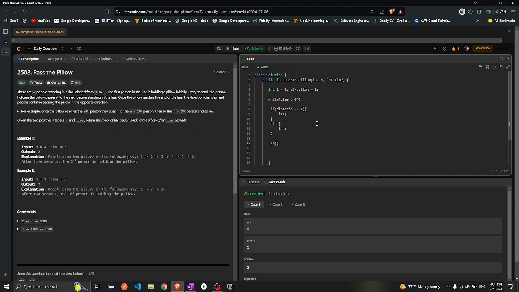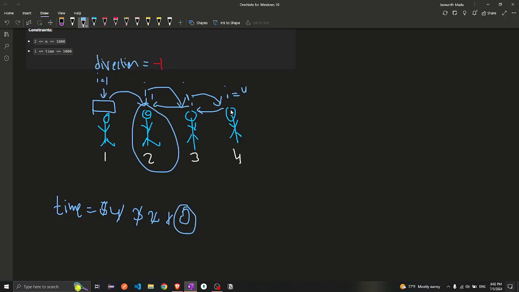And when I reaches n, when I reaches the last person, I need to change the direction to negative. And when I reaches the first person, the direction needs to change to 1, right? Because we need to transfer in this direction.